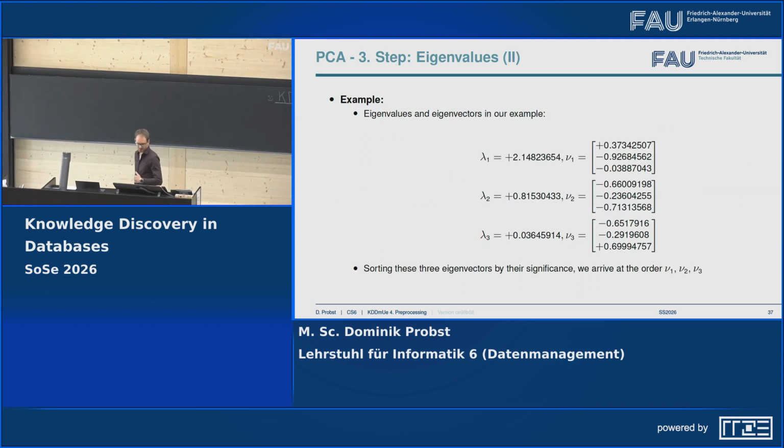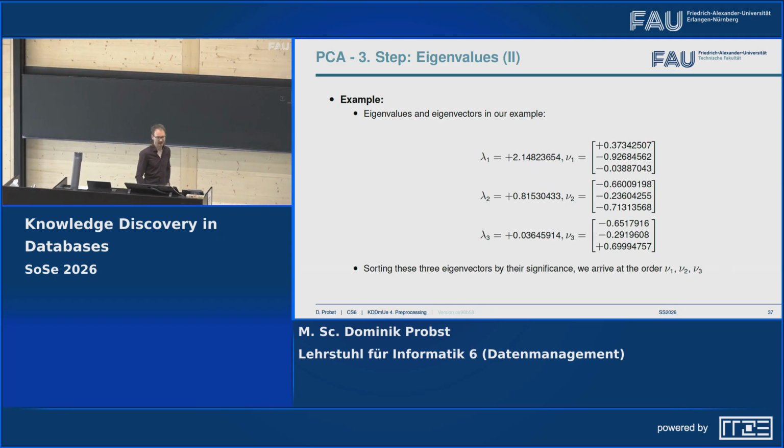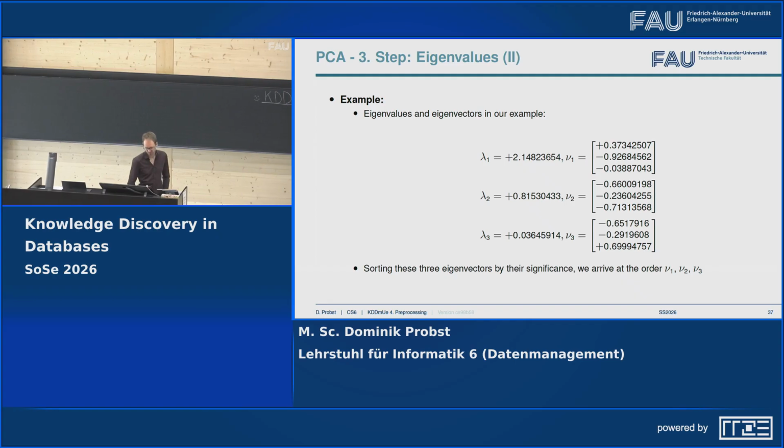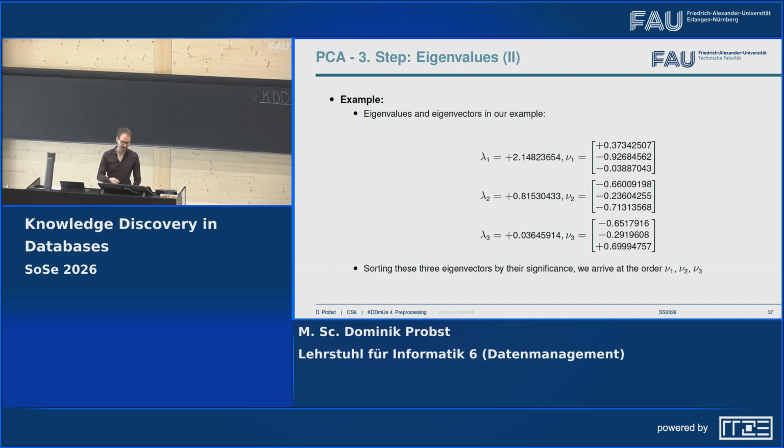In our example, we end up with these eigenvectors and eigenvalues. The eigenvalues are 2.148, 0.815, 0.036, and the corresponding, that's important, corresponding eigenvectors are seen to the right.